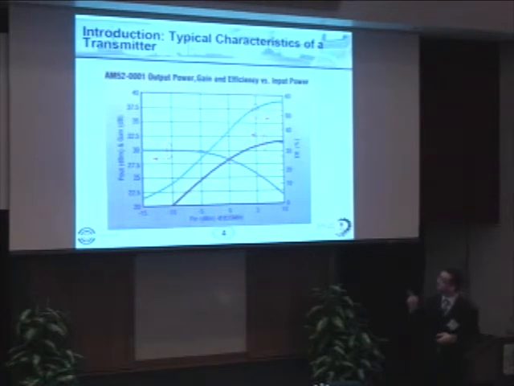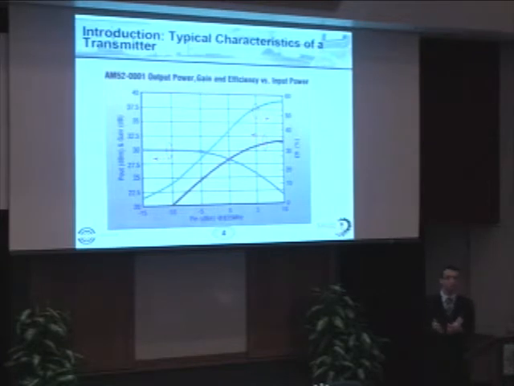And if you want to move to the low power region, at the left side, we have a linear response, but the efficiency, the green curve, degrades considerably. The efficiency is the amount of power that's delivered as useful power.